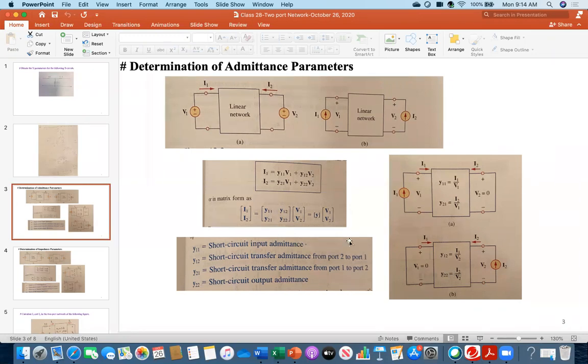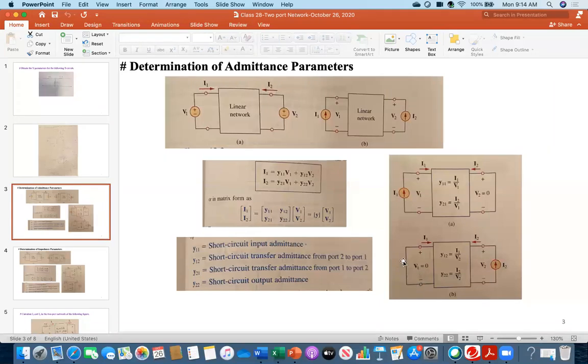Similarly, when you will be calculating these two, Y12 and Y22, see here I have written Y12 is I1 over V2 from the first equation. This means in that case V1 is 0. So V1 is 0, see everybody, the left side is short circuited. That's why it is V1 equals 0.